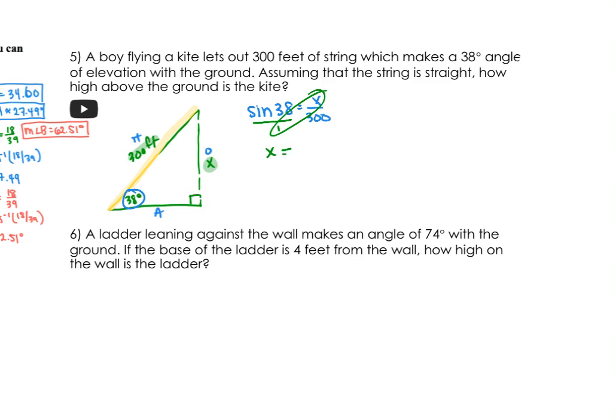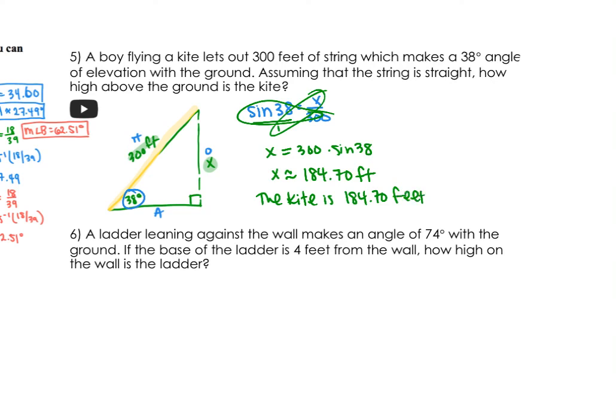So X equals 300 times sine 38. We get about 184.70 feet. Since it's a word problem, we should have a word answer. So the kite is 184.70 feet above the ground.